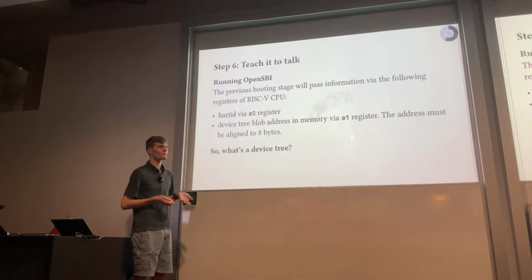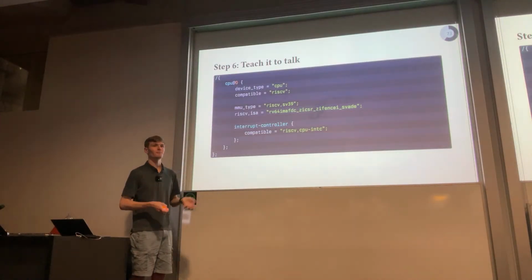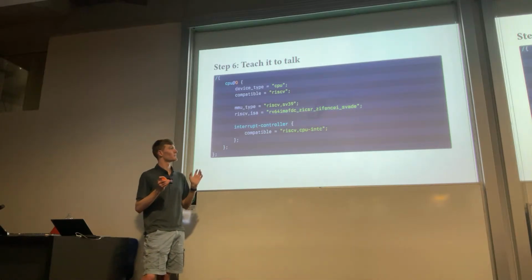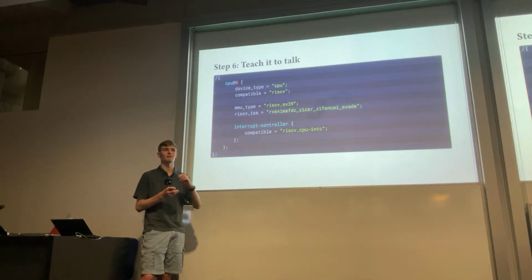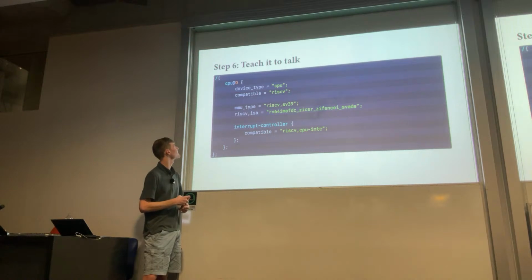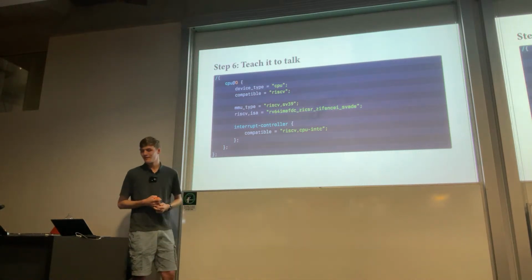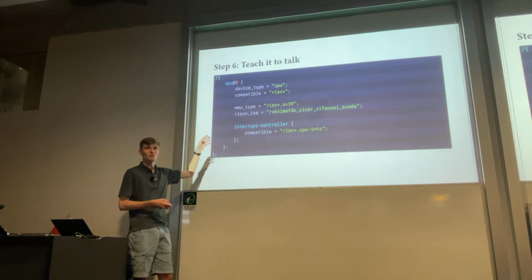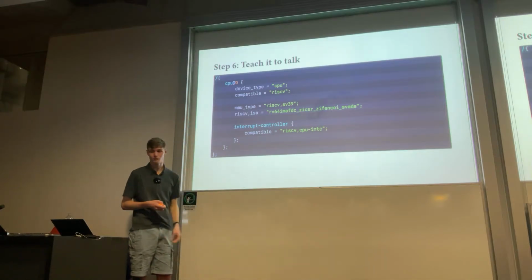So what's a device tree? Well, it is a standard source format and a binary format for describing the layout of hardware devices in an embedded system or really any context whatsoever. It consists of nodes, like the root node and the cpu@0 node here, and this interrupt controller node.